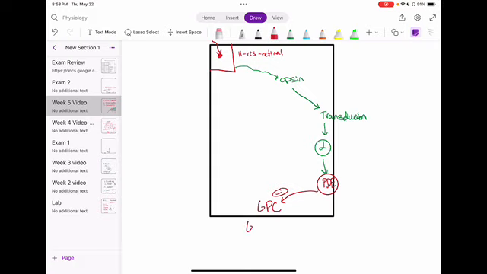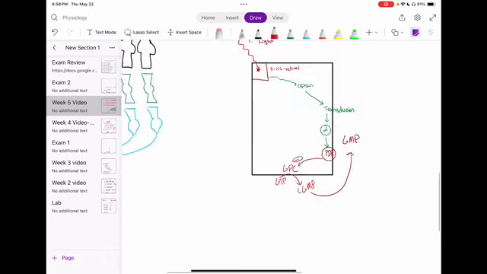What this does is it takes cyclic GMP and turns it into just GMP, without the cyclic part.